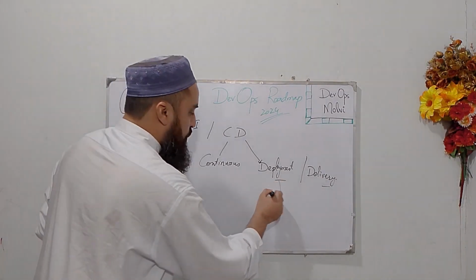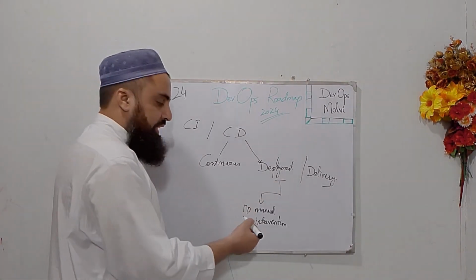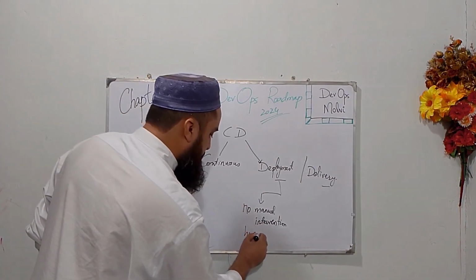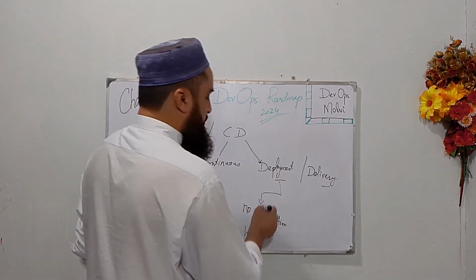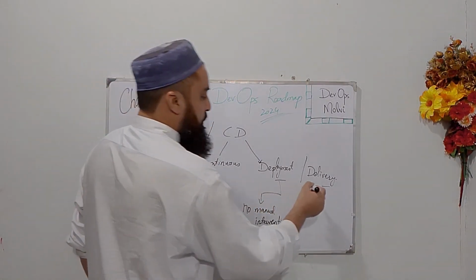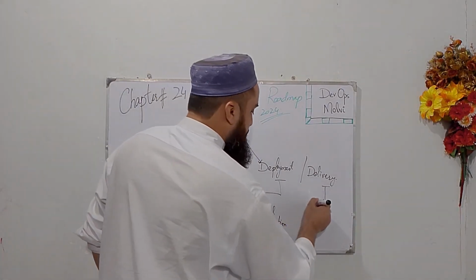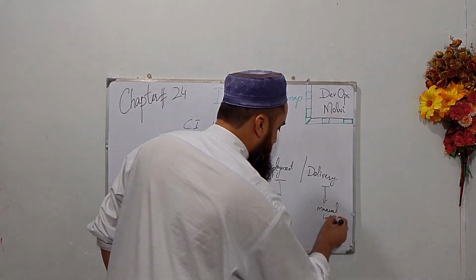In continuous deployment, no manual or human intervention is required to build and deploy the code. Whereas in continuous delivery, we require a little bit of manual intervention.